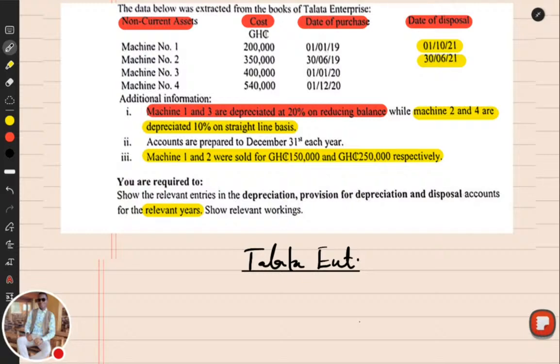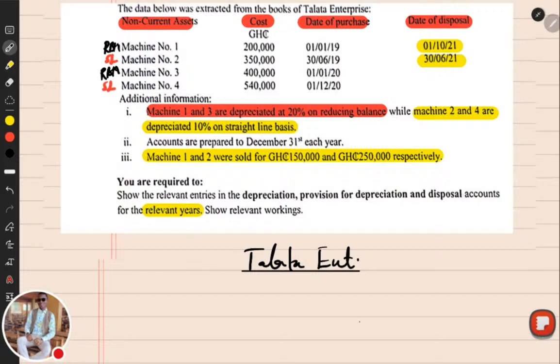Machine 1 and 3 are using the reducing balance method, RBM, and machine 2 and 4 are going by the straight line method. Let's take note of that.